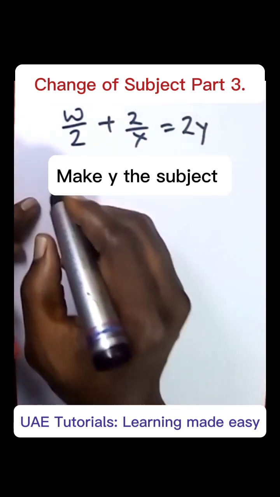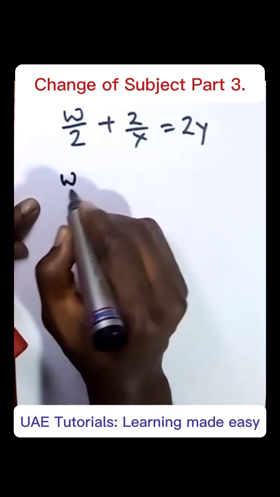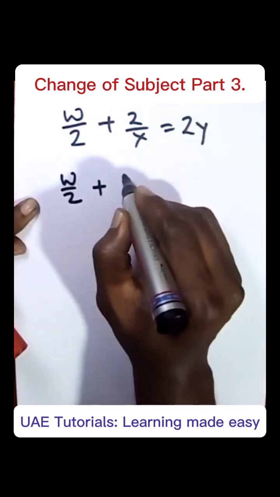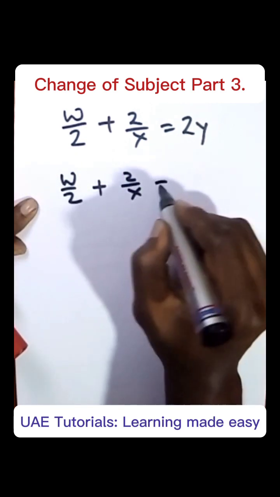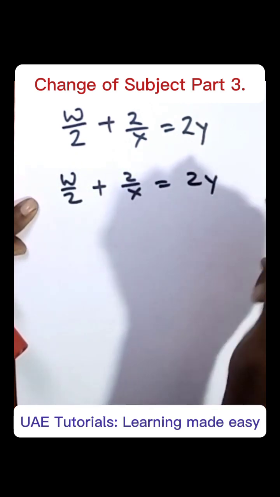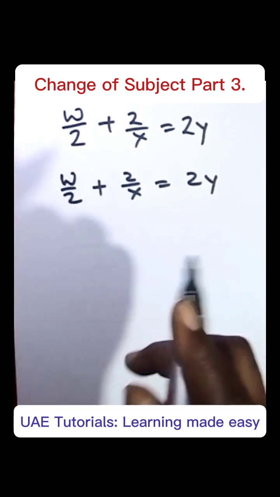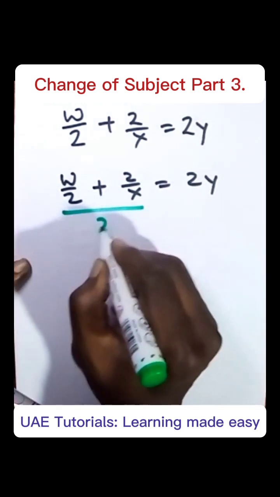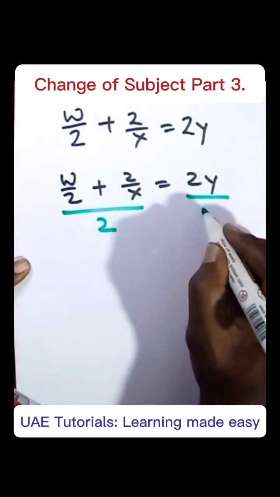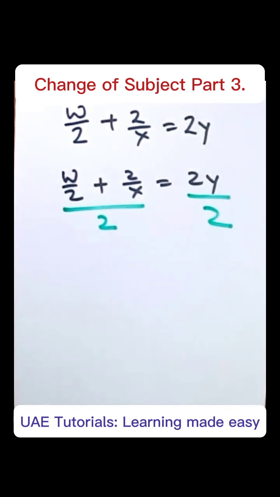So we say w over 2 plus 2 over x equals 2y. Now we want to divide both sides by 2. So we divide all of this by 2, and also we divide all of this by 2.